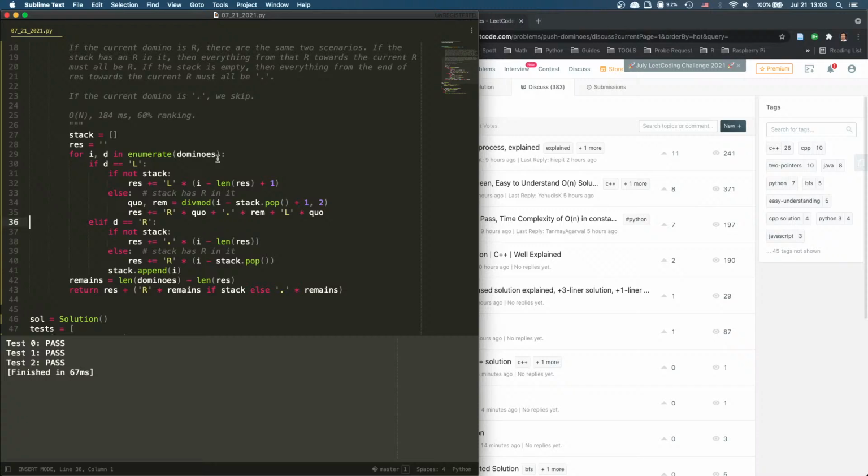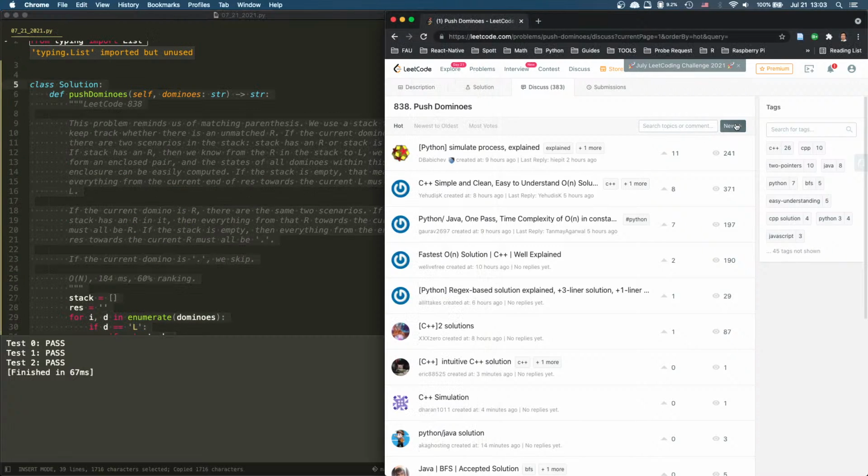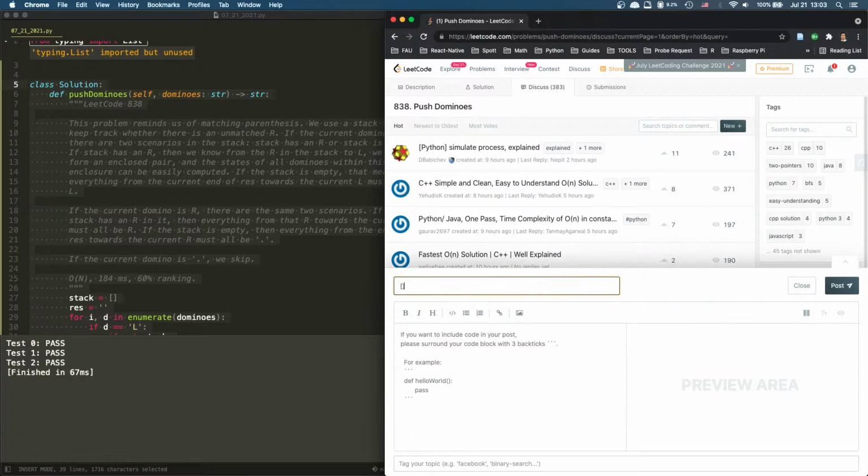I'm going to call it stack-ish, because it doesn't really have to be a stack. We only push an i, so instead of saying stack, I can just say, yeah, let's keep a stack. Yep, I'm going to publish this for fun. New Python 3 stack-ish solution.